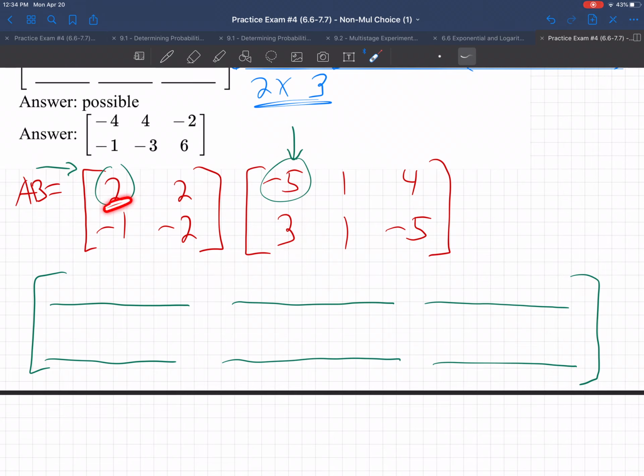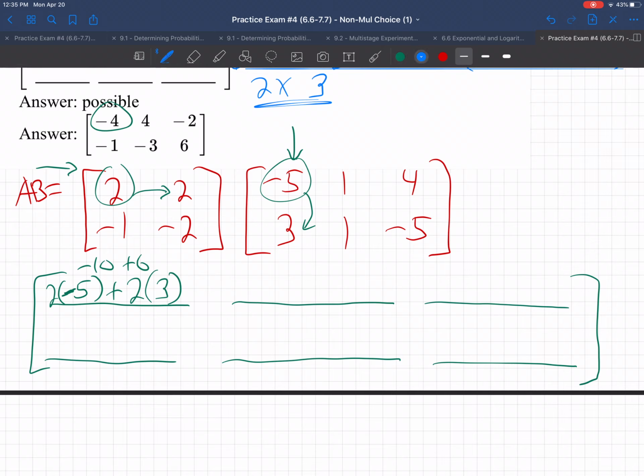So 2 times minus 5, plus, and then you jump down and across, and it'll be 2 times 3. Does that make sense? And so that's negative 10 plus 6, negative 4. That's how they got that answer.